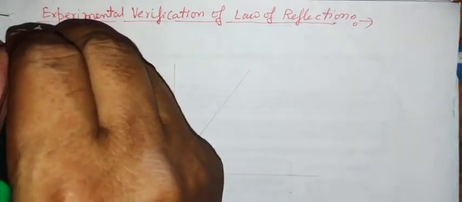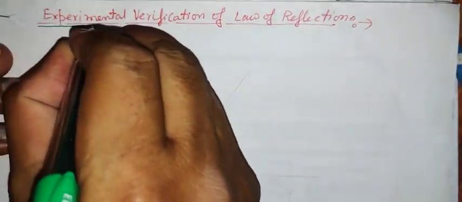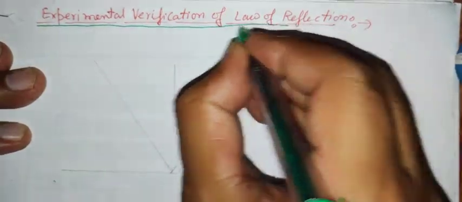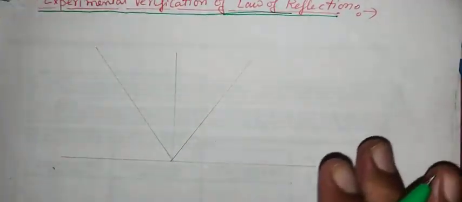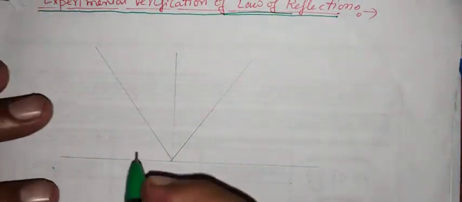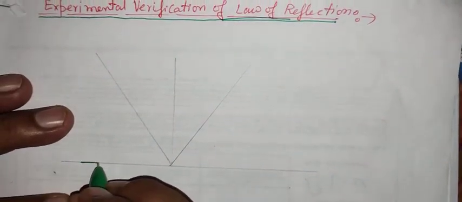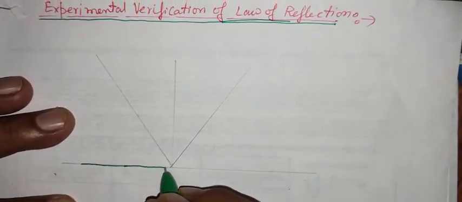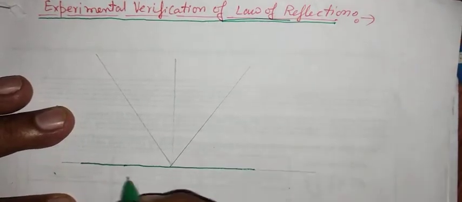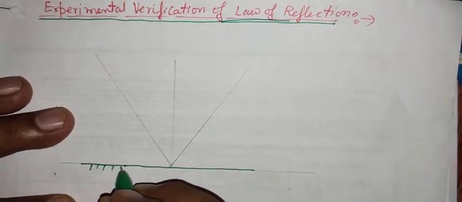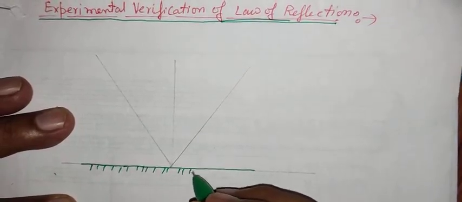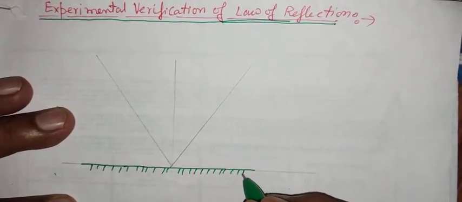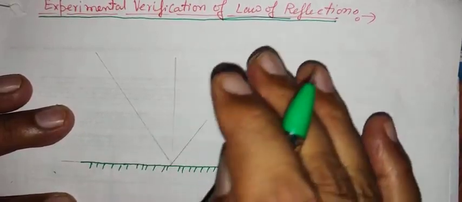Now we are going to see the experimental verification of the laws of reflection. To show this, on a drawing board a plain paper is fixed, and a vertical plane mirror is kept here with the help of pins. Its polished surface is in this direction.